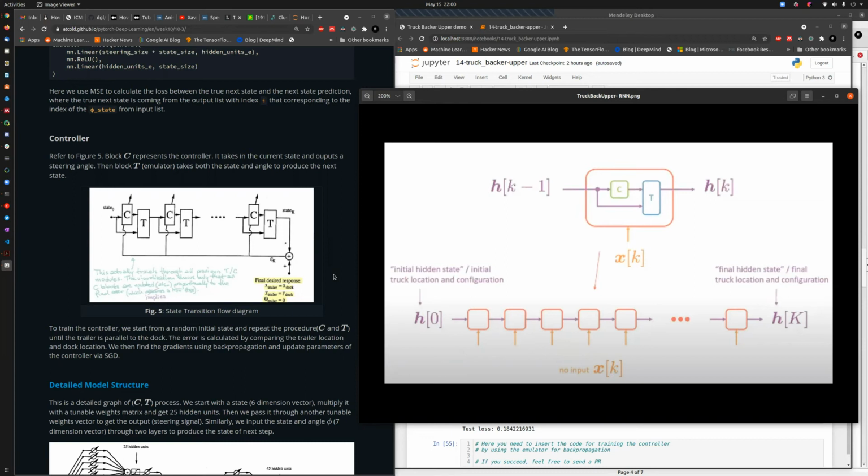Therefore, he views this network, or at least the way he explains it in the video is, A, there is no input, and B, he highlights as a difference that your output is fixed.